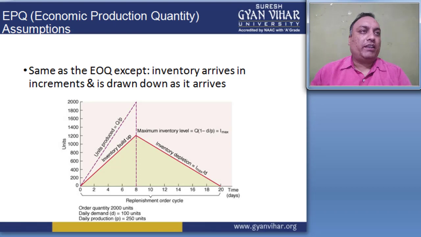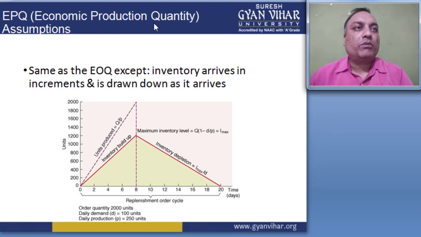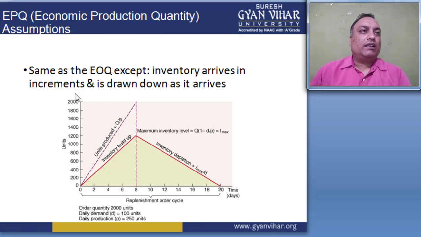And this is the EPQ analysis, the economic production quantity, and the assumptions are the same as the EOQ except inventory arrives in increments and is drawn down as it arrives. Here the y-axis shows the number of units and the x-axis shows the time in days.